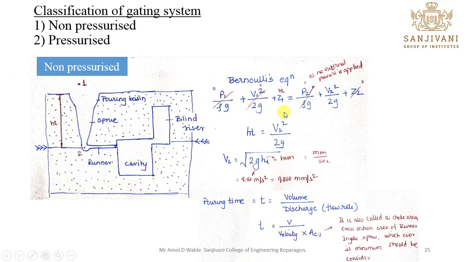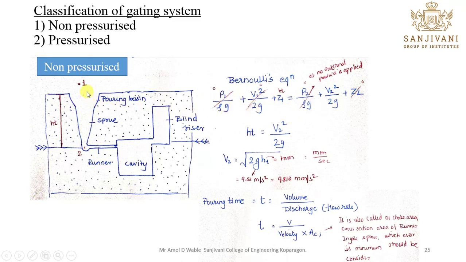Using this condition, you can see that this term is related to one space, and this term is related to the bottom space. As the atmospheric pressure is the same in space 1 and space 2, you can cancel the pressure terms from both sides.